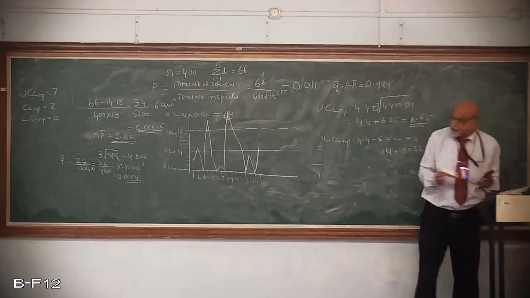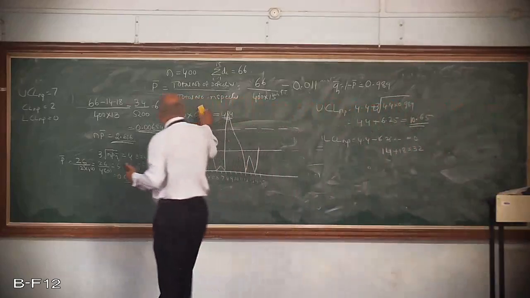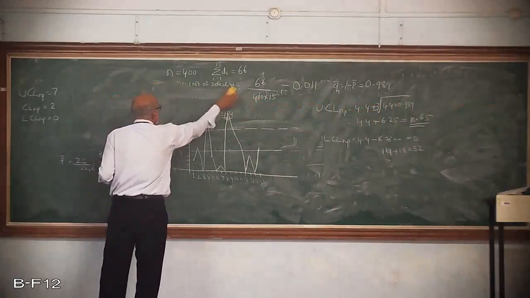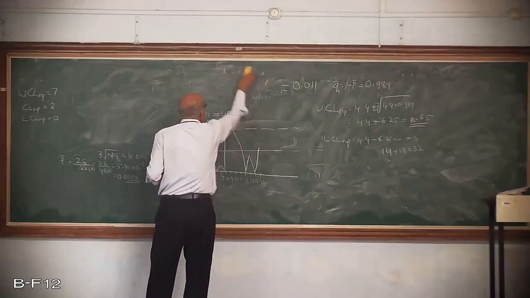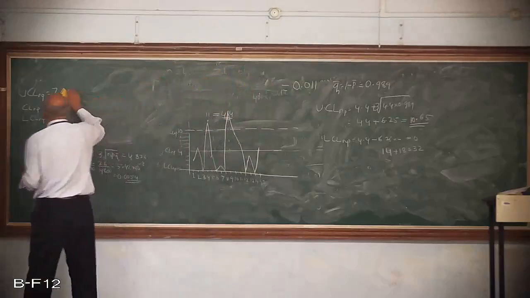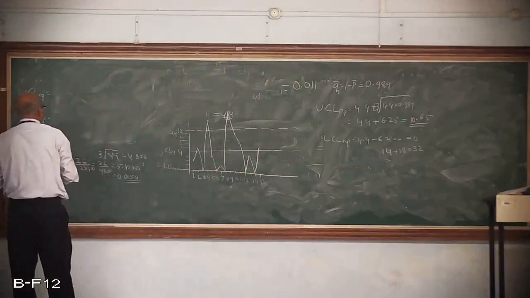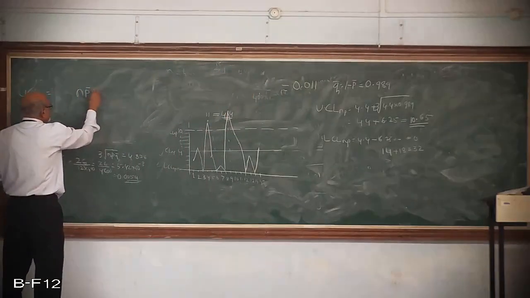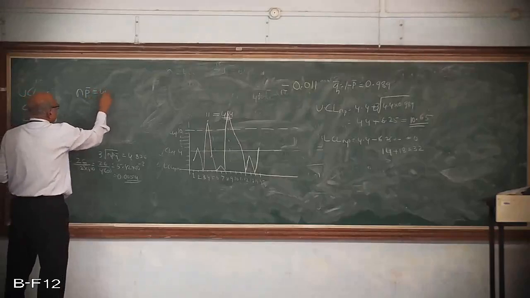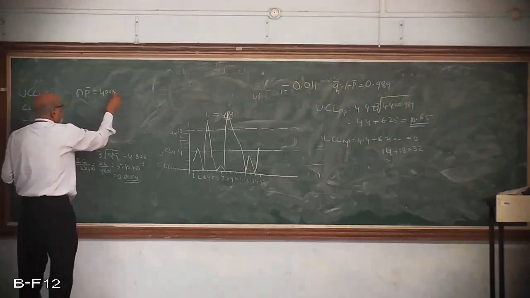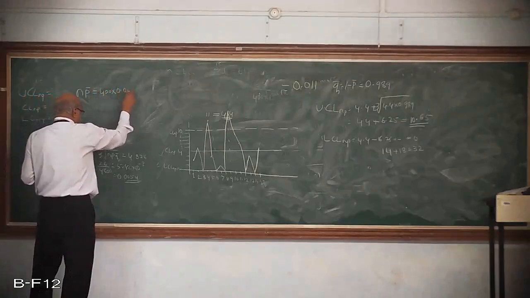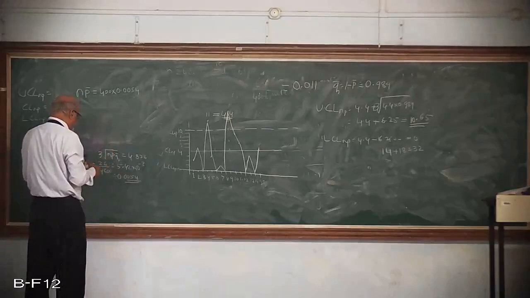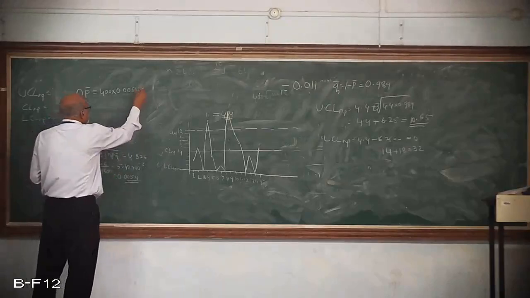Okay, so I'll find out again the revised one. Now NP bar is equal to 400 into 0.0054, or 542.